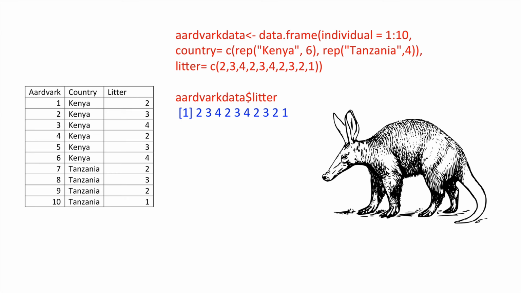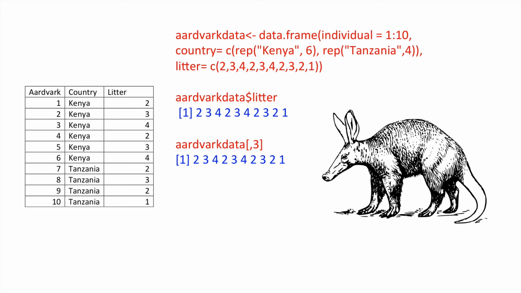For example, we can say aardvark$litter refers to the litter variable within that data frame aardvark data. And the way we refer to the names of variables within data frames is using that individual $. We could, of course, simply ask it for the third column in our data set, and we could ask the same question in this way: aardvark data, square brackets, and then we're leaving effectively a space and then a comma and then a 3.